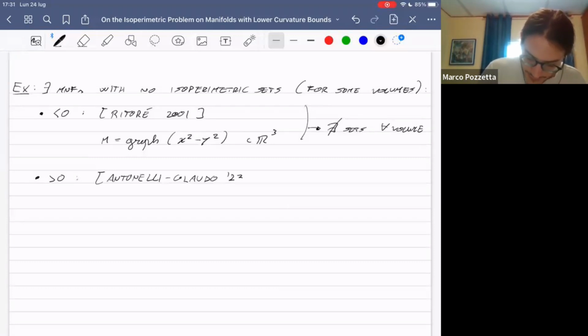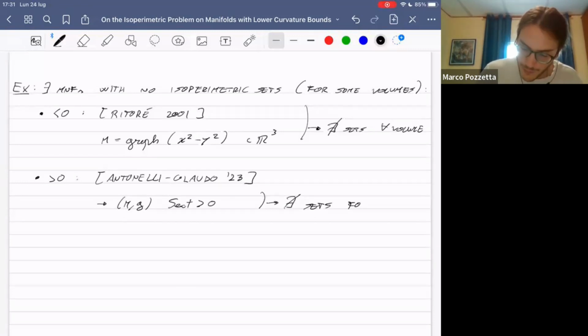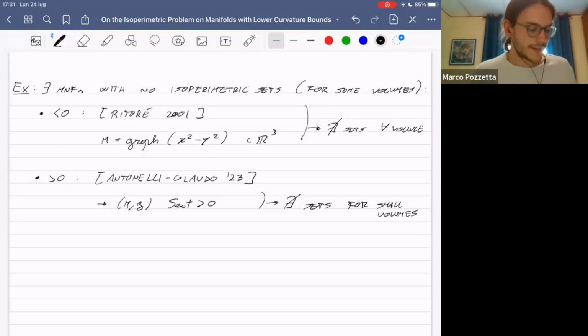It is a preprint that appeared, I don't know, one month ago, where they construct manifolds M_g with non-negative, actually strictly positive, sectional curvature, but with non-existence of isoperimetric sets for some volume, specifically for small volumes. So the moral of this example is that no matter what your favorite upper or lower bound on the sectional curvature is, it can happen that you have a non-existence of isoperimetric sets.